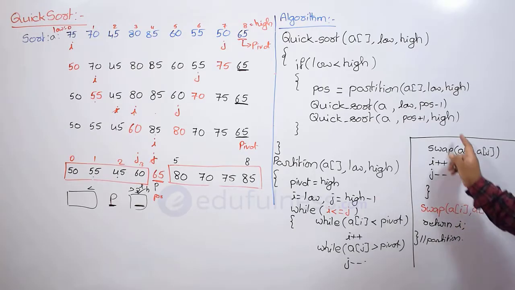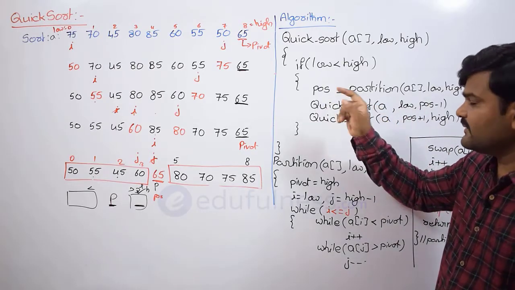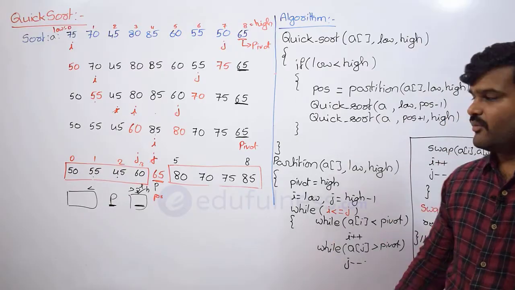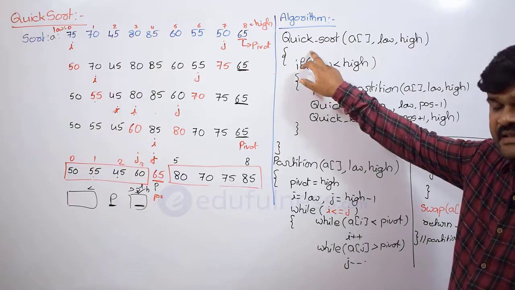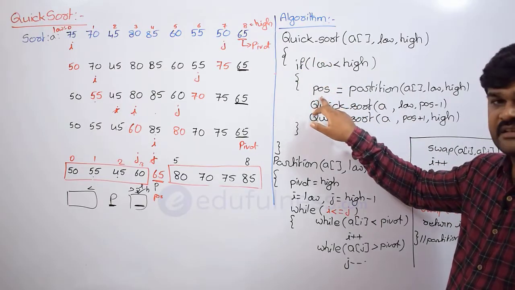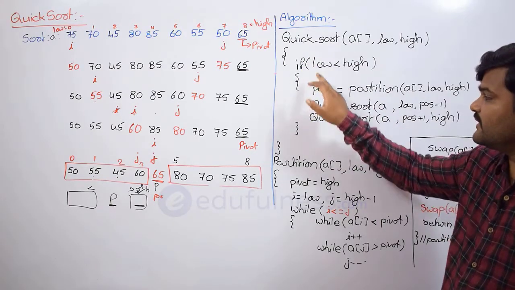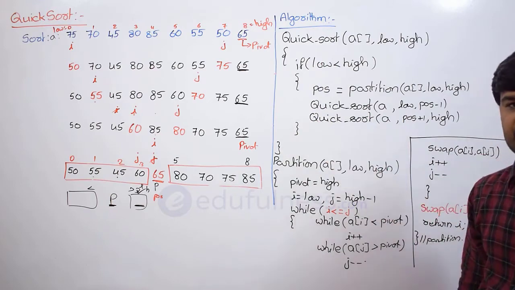You return this and catch it in the POS variable. This POS variable is required because, based on that position, you divide the main problem into two subproblems.